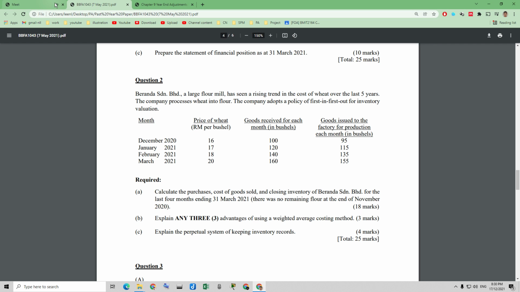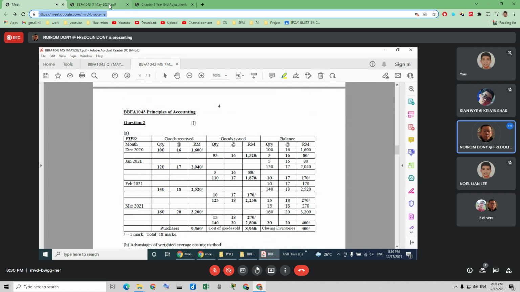The company processes wheat into flour, and adopts a policy of first in, first out for inventory valuation. Then this one is 1 year. So we have December 2020, meaning this is the closing balance, and then January 2021, February, and March.